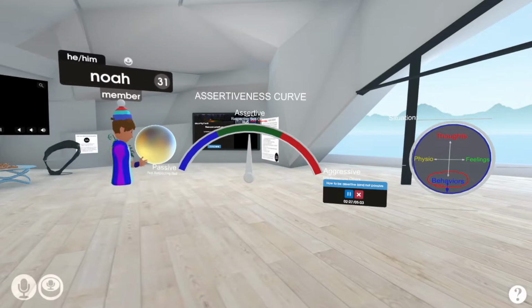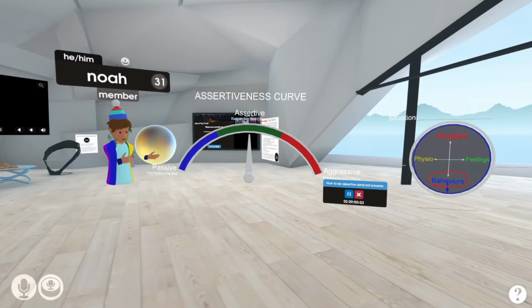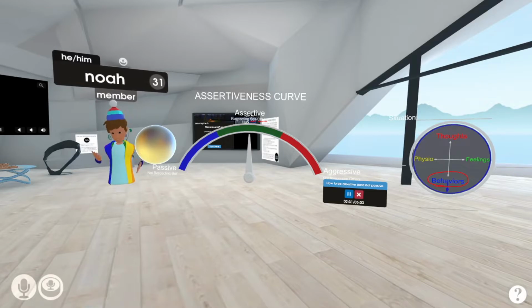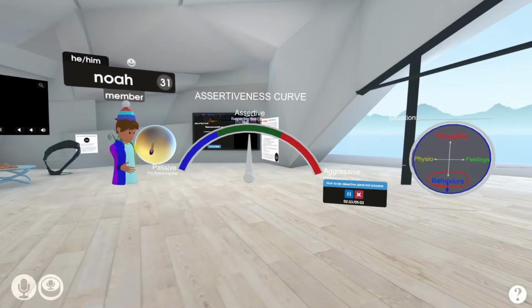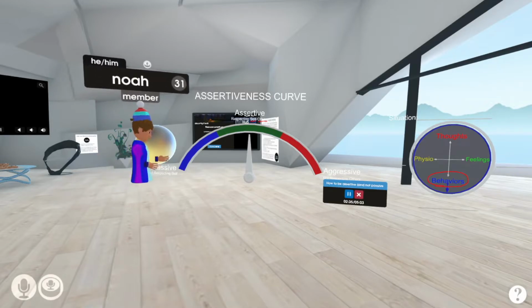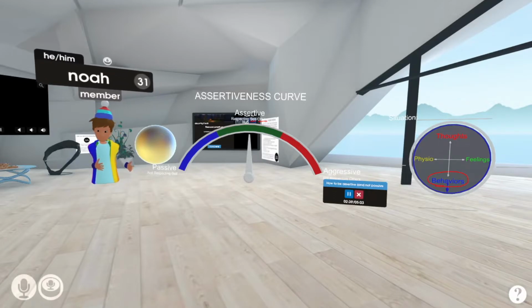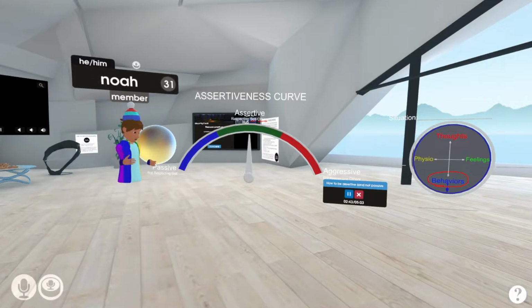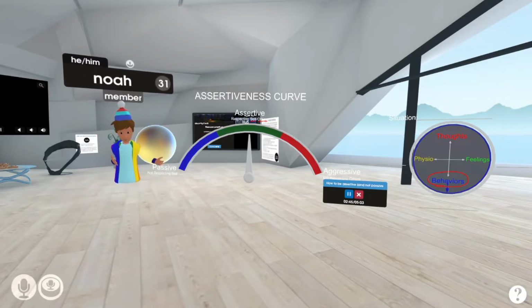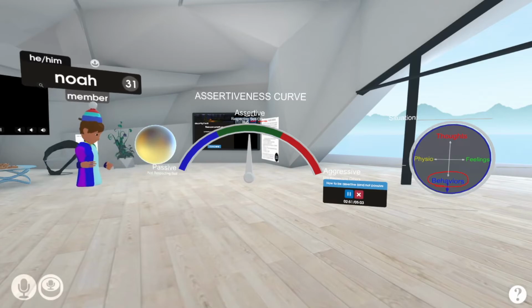And to use this tool, what you can do is spawn it and think of a situation. If there's a situation where you're having conflict, or where you're seeing someone else have conflict, spawn this tool in your home and try to think to yourself about the situation that you're thinking about. So let's say that I have a supervisor and the supervisor has said negative things about me behind my back.